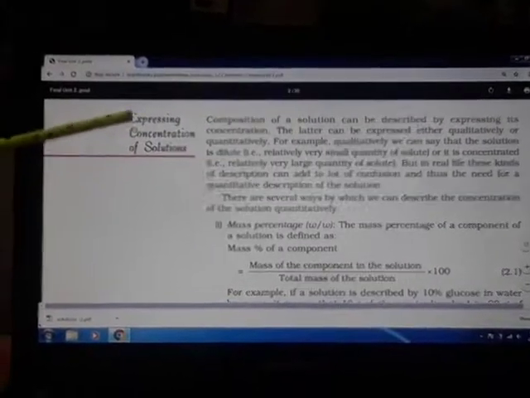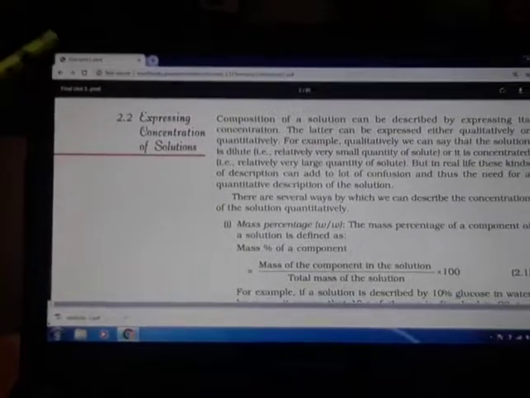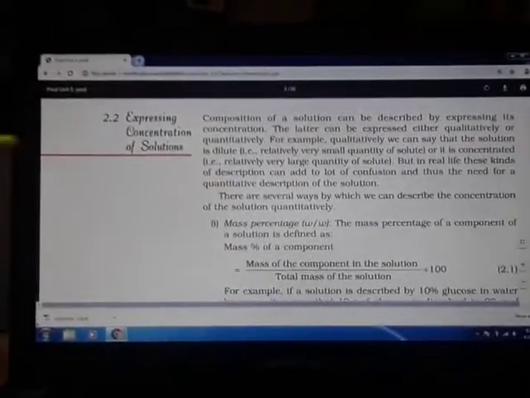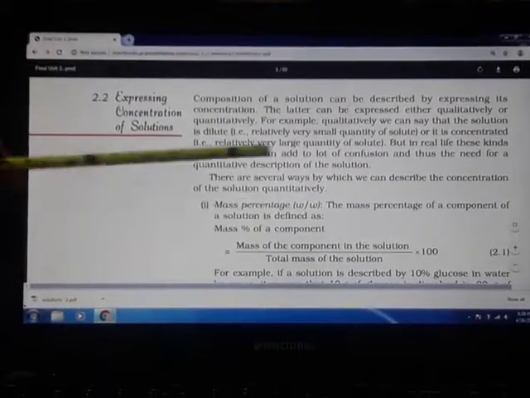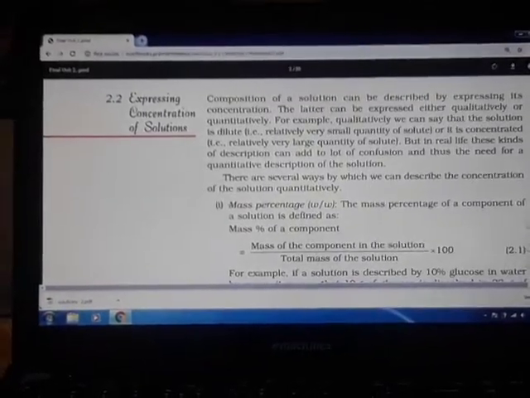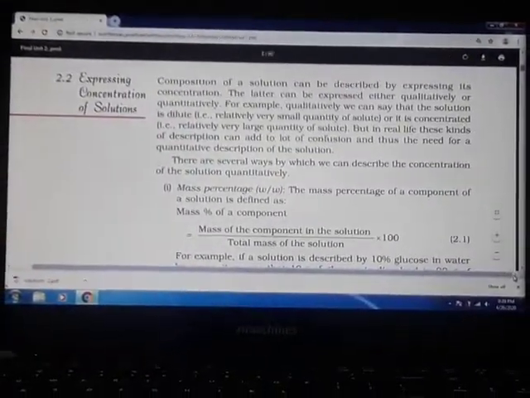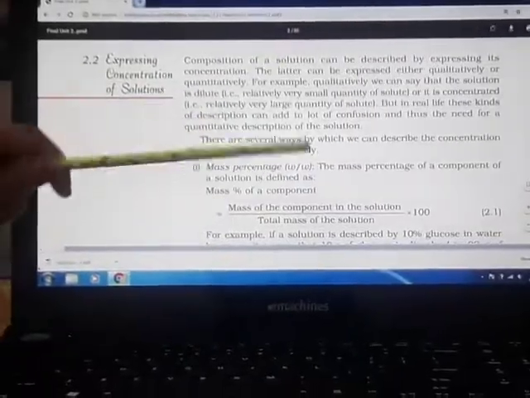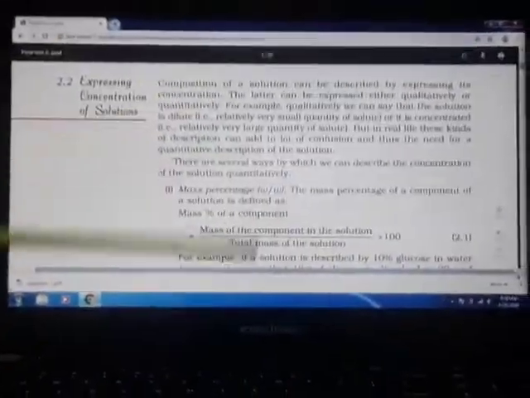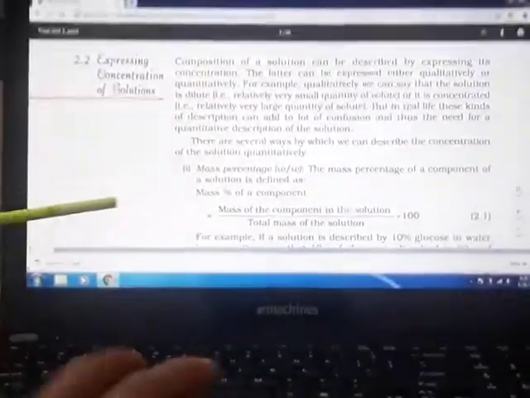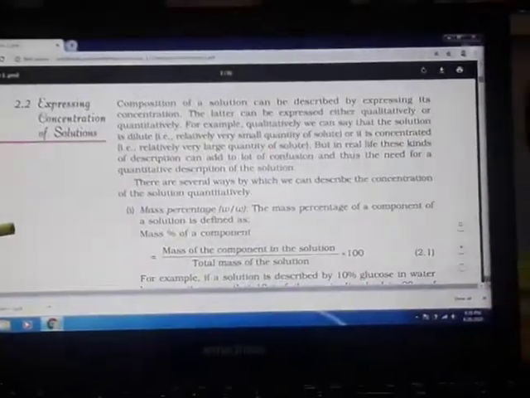Now, expressing the concentration of solutions. When we have a solution, we must know the concentration of the solution. There are various ways in which the concentration of a given solution may be expressed. The first of them is mass percentage. Mass percentage, here you see weight by weight. That means the weight of solute and solvent both are taken in terms of grams. It may be determined with the help of the formula.